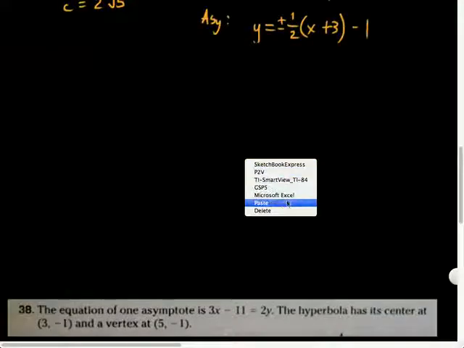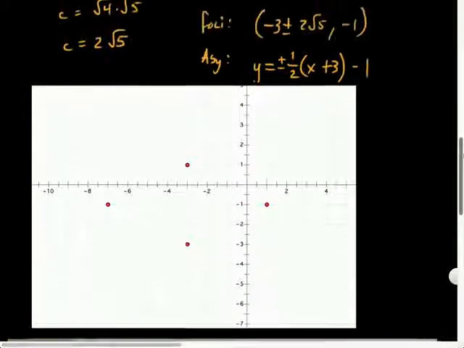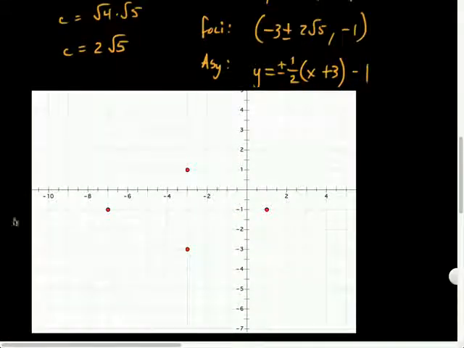Let's see. Paste this. Here we go. I thought I did plot the center. Well, whatever. The center was at -3, -1. So I went over A left and right to get my vertices, up and down B to get the co-vertices. I'll draw my little box. I guess I'll do it in orange.